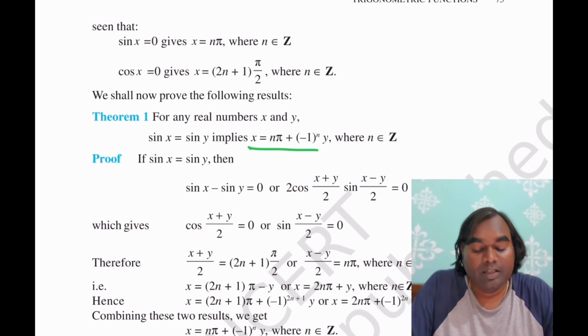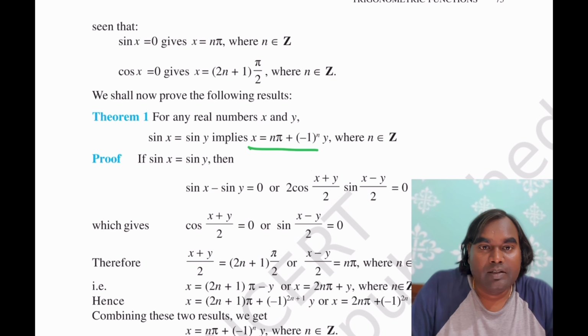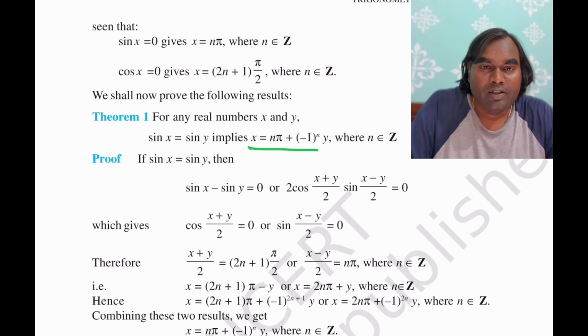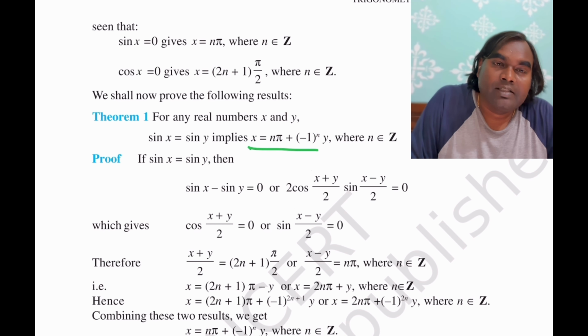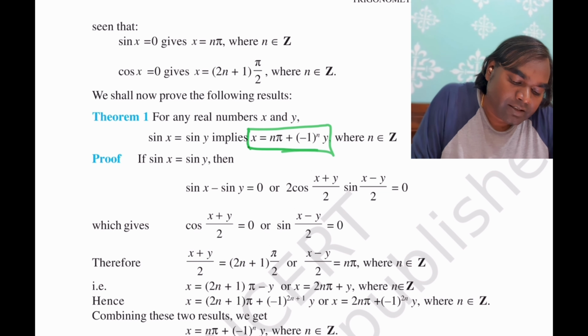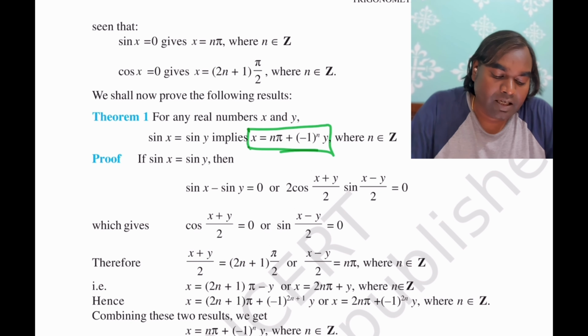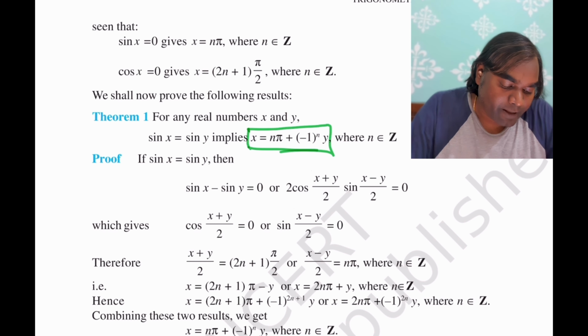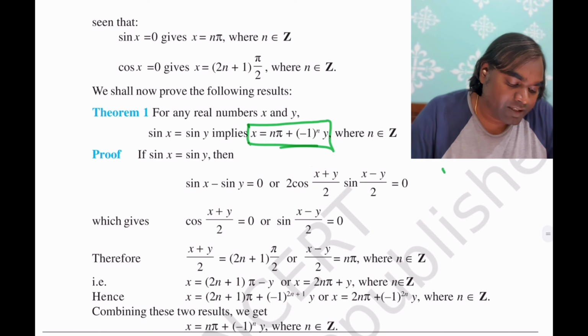That means x and y lying in this range are related by this equation: x is equal to n pi plus (minus 1) to the power n y. Now let us prove this.